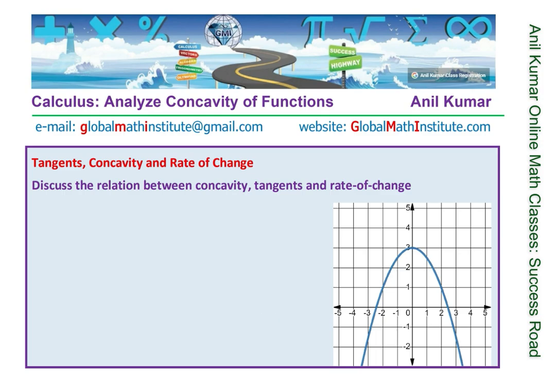So now we'll take up a parabola which opens down. So the characteristics which you see here is like what? Well, once again, let me sketch the tangents. As you can see, tangents are above the graph, right? So in this case, they are above the graph, right?